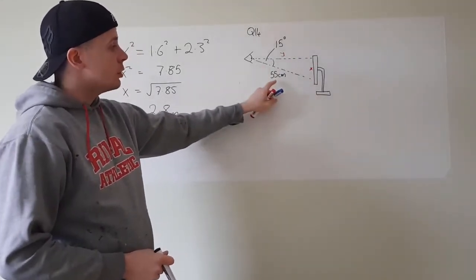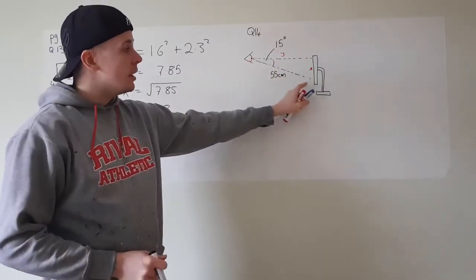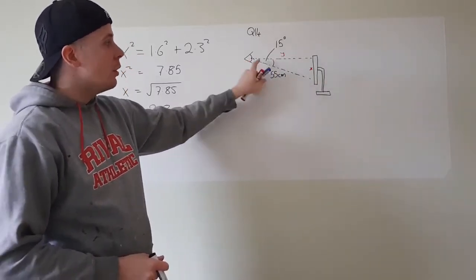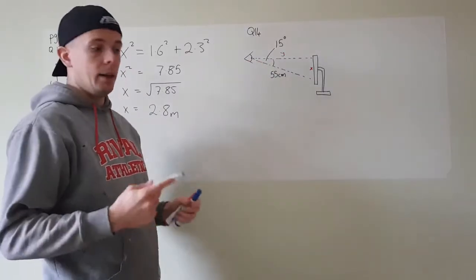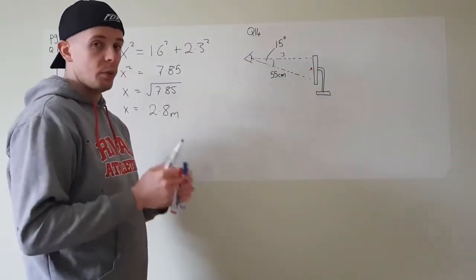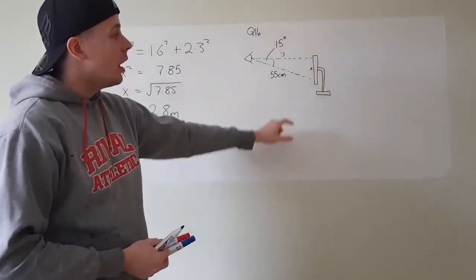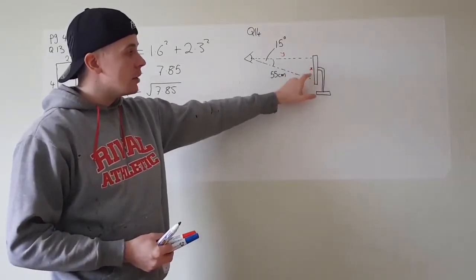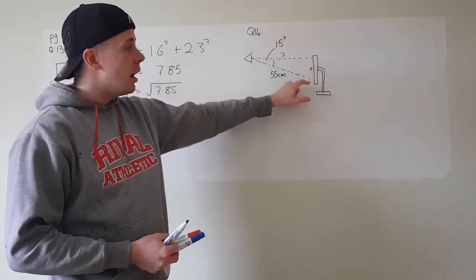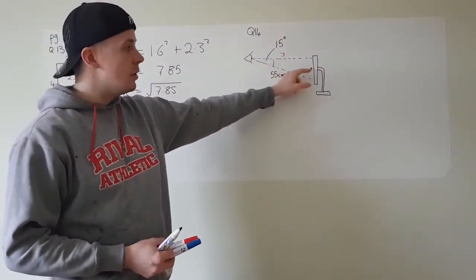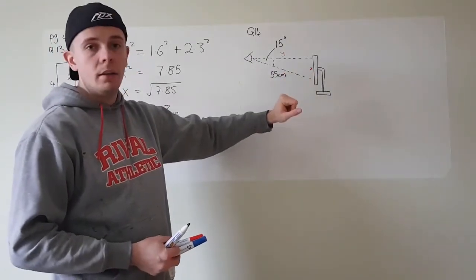The only measurement we were told is that the diagonal, the hypotenuse of a right angle triangle, is 55 centimeters. We're told that the correct angle of depression when you should be looking should be 15 degrees. And the question is basically how high, the height here that I've labelled x, should your eye line be from the centre of the computer screen.